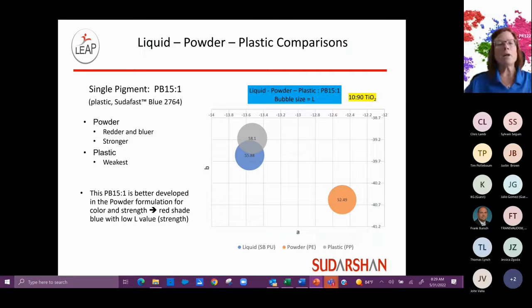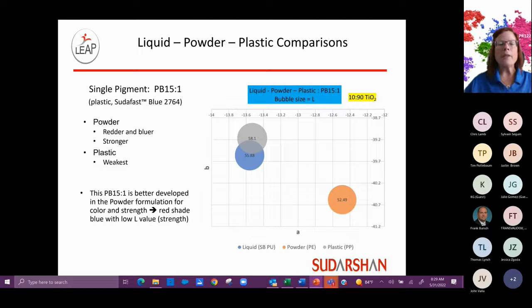So in this case, we're taking a look at a Pigment Blue 15-1. It is a plastics grade pigment, and we're taking a look at its color development in a liquid, a powder, and powder coating formulations, as well as a plastics formulation.